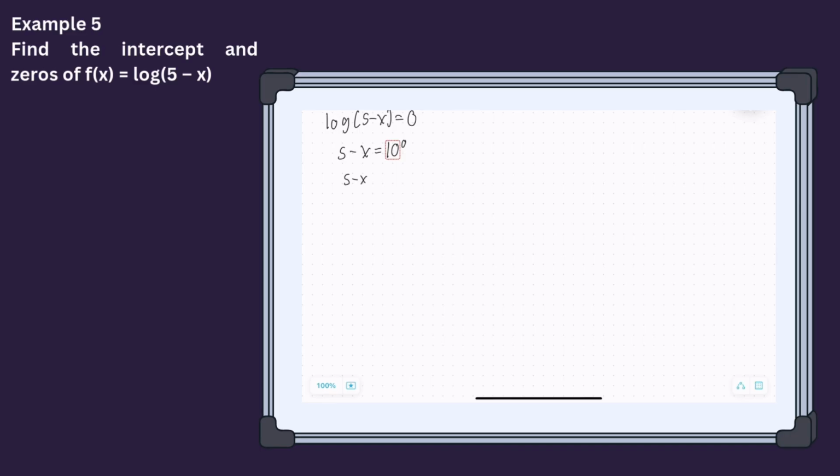Note, any number raised to the power of 0 is equal to 1. So 5 minus x equals 1. Transpose and combine, you get x equals 4, which is our x-intercept. You could also write it this way, 4 comma 0.